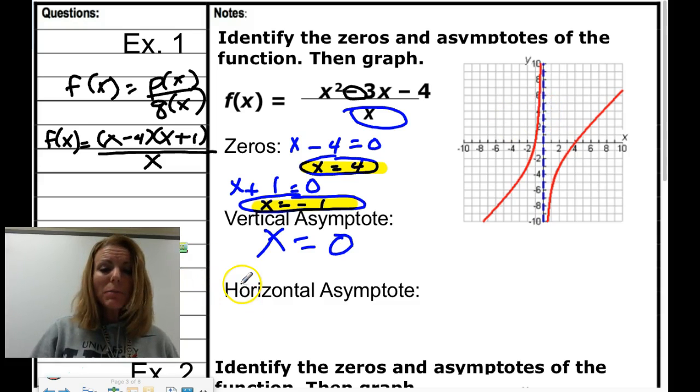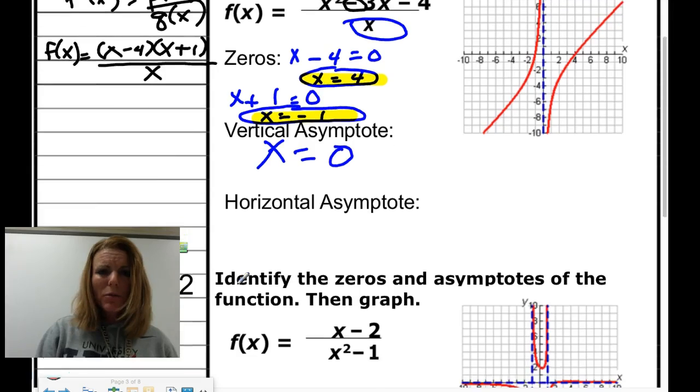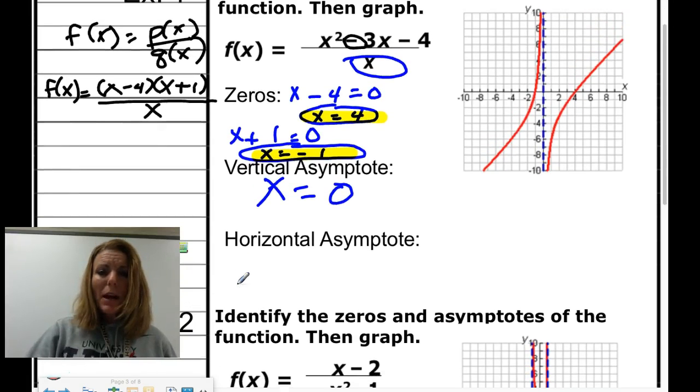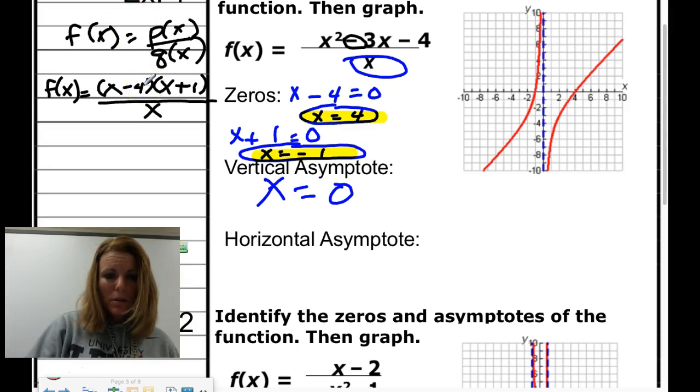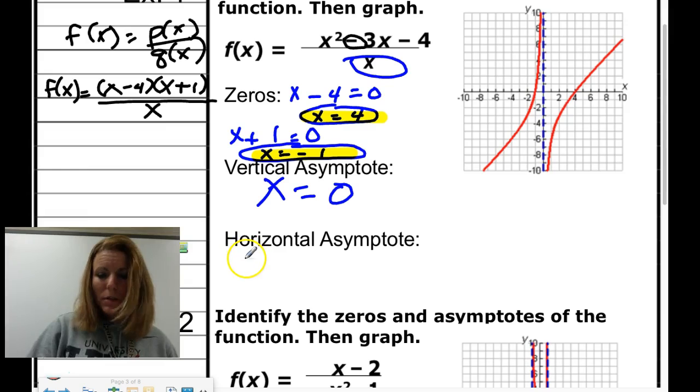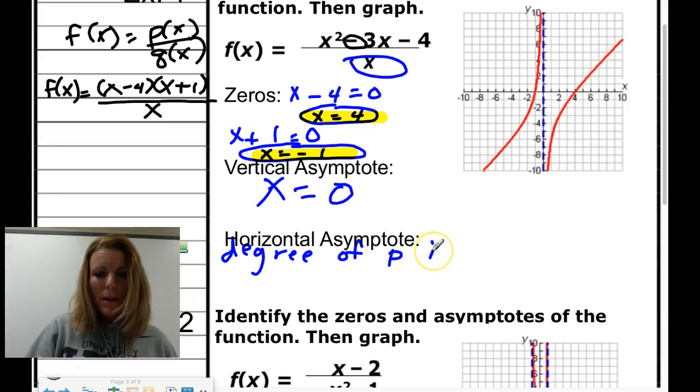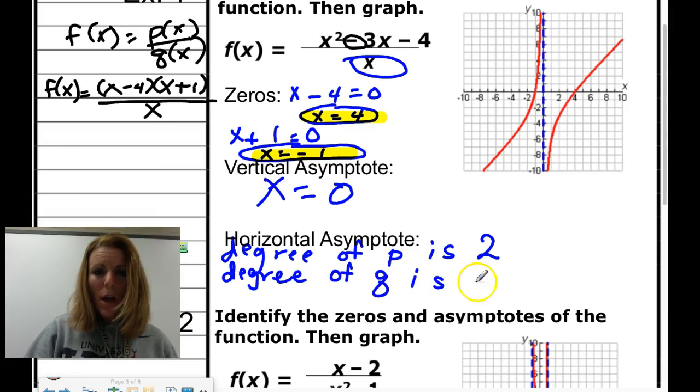The horizontal asymptote, I better scroll down a little bit here. Remember, I look at the degree of the polynomial on top, polynomial P. So that would be the degree of P. Let's write that. Degree of P is 2, and the degree of Q is 1. We look at the highest exponent.